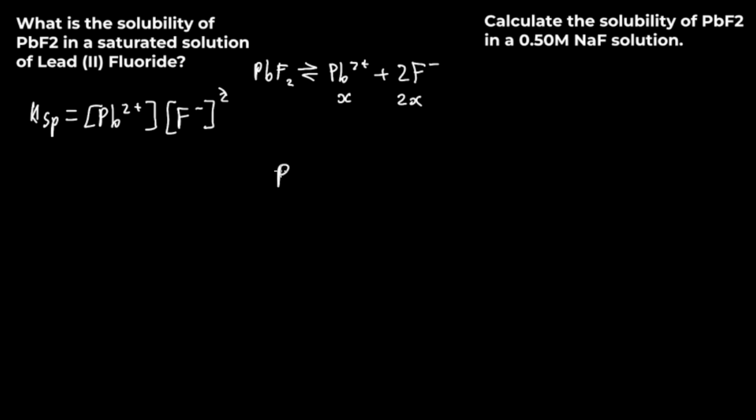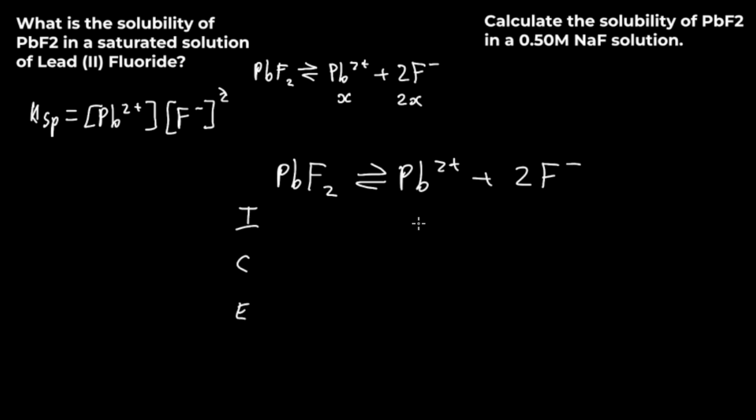So we'll do PbF2, Pb2 plus, 2F minus, ICE. So we have none of this to start with, but we do have 0.5 molarity of F minus from this solution here.